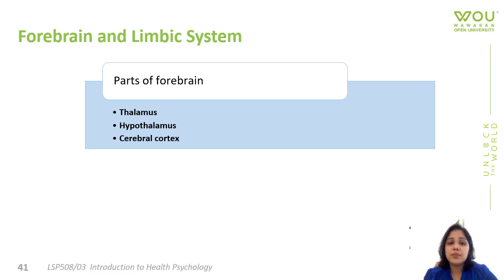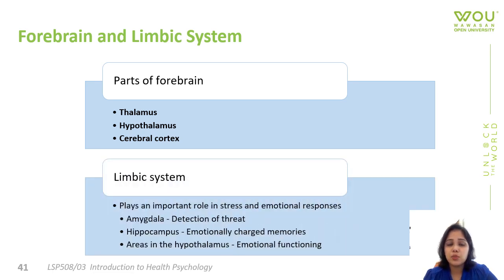The forebrain comprises the thalamus, hypothalamus, and cerebral cortex, whose functions for hunger, thirst, and temperature I've already mentioned earlier. Yes, and the limbic system comprises the amygdala and hippocampus. These are functional in the role of stress and responses. So the amygdala detects any threat.